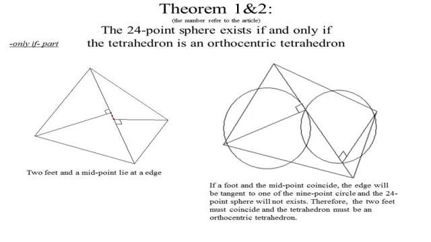If the foot and the midpoint coincide, one of the edges will become the tangent of one of the light-cone circles, so we can see they are not co-spherical. Therefore, the 2 feet must coincide, and the tetrahedron must be an orthocentric tetrahedron.